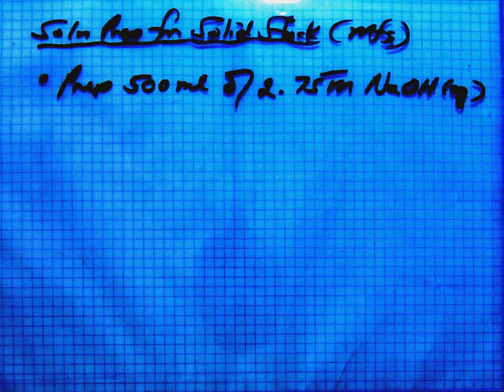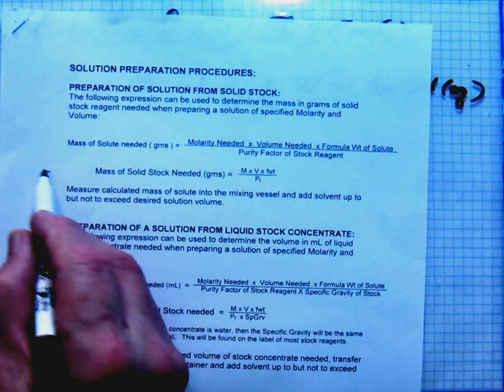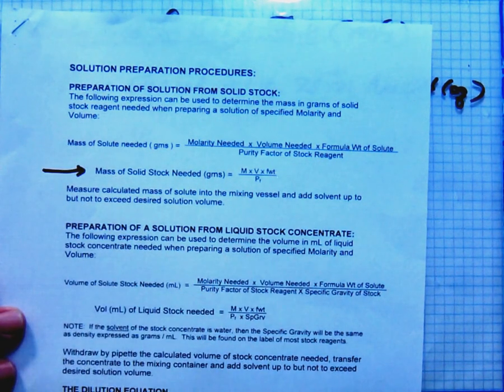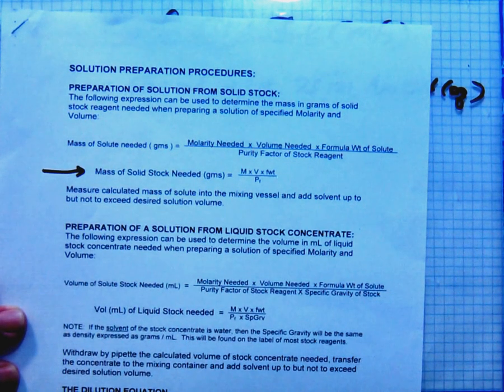It's really easy to make this, because if you look at that handout I gave you, I give you a formula down there that if you have a solid stock, use this formula and you can get the mass that you need to put in the solvent. So if you look in your notes, mass of solid stock needed to make the solution you want.